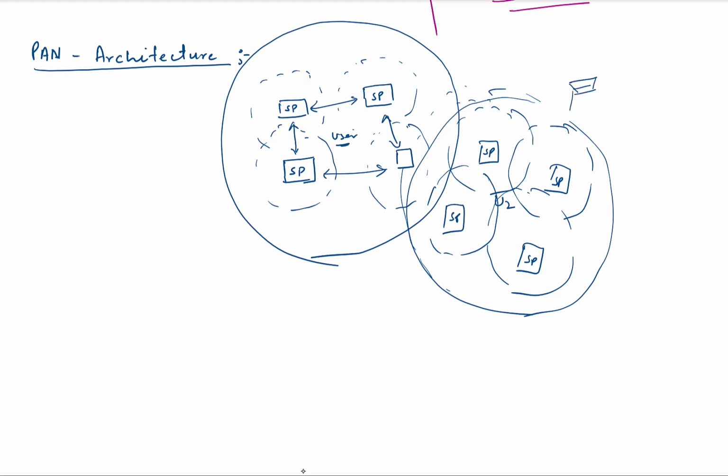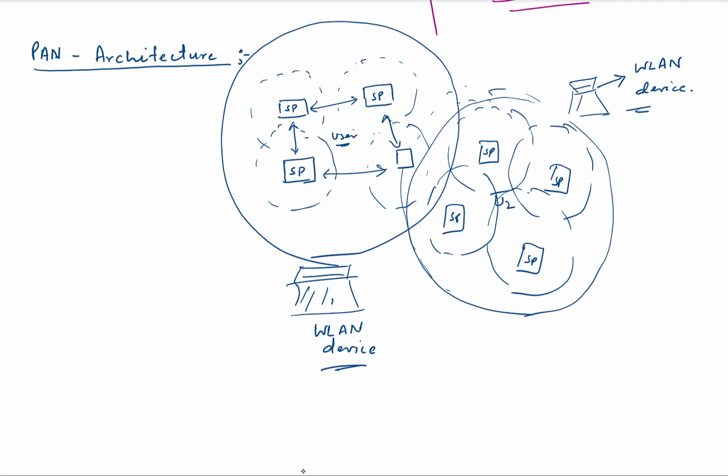Around these smart peripherals you can have wireless LANs. Suppose this represents your WLAN device, it can be some access point. Similarly, here you can have another WLAN device. This is emitting radio signals, and through these radio signals these smart peripherals are connected to each other.